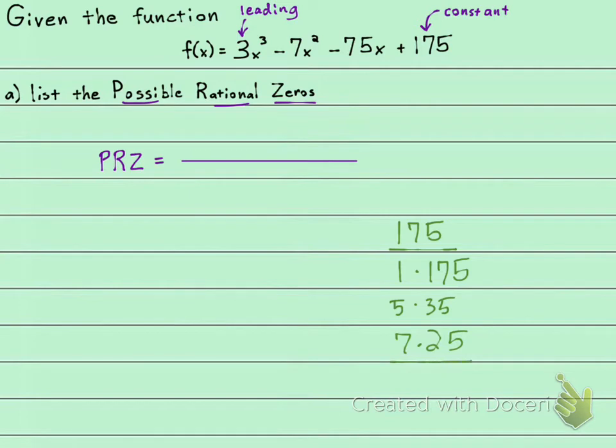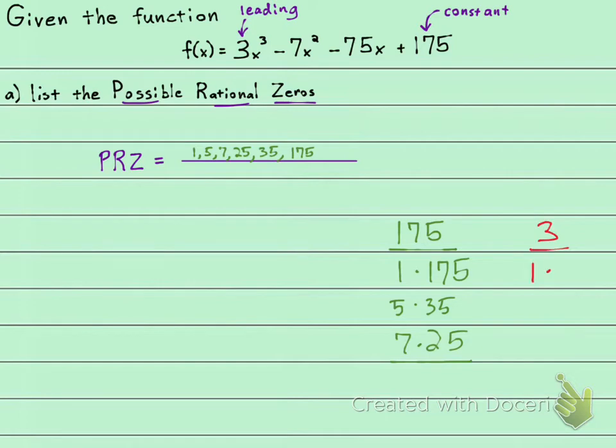This is all the possible factors: 1, 5, 7, 25, 35, and 175.